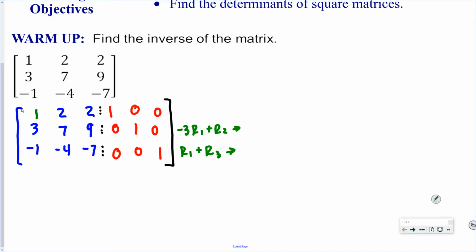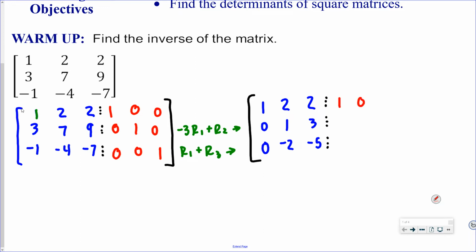Okay, so there's my row operations. I'm just going to quickly give you those numbers. Remember, you do this to the identity matrix as well.